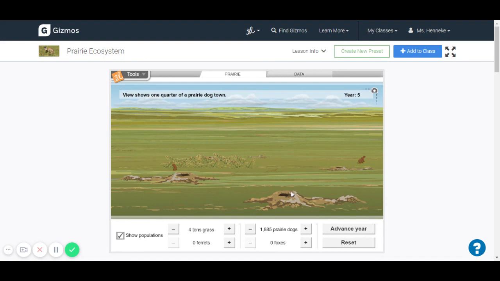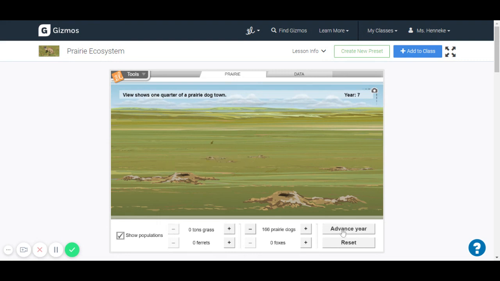Here I am 5 years later after my ferrets died. Notice I've lost all my foxes. Wow. The fox population died because they lost their food source. Now, our prairie dogs, we only have 1,800 of them left, and we barely have any grass left.